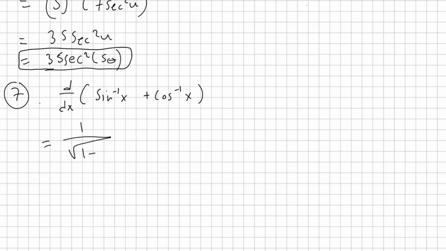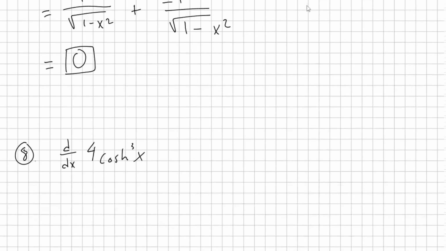And for cosine inverse of x, it'll be equal to -1 over square root of 1 minus x squared. Now, something cool happens: these will cancel out, and you'll get our final answer as 0.